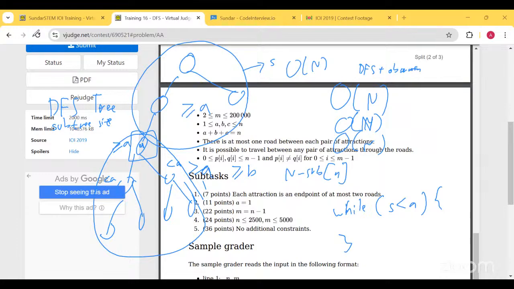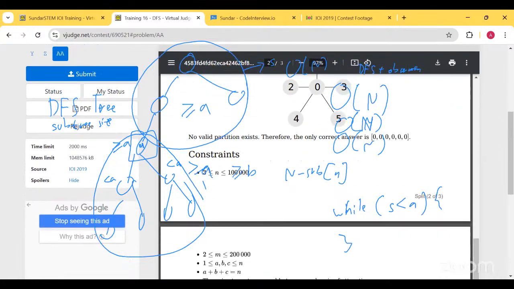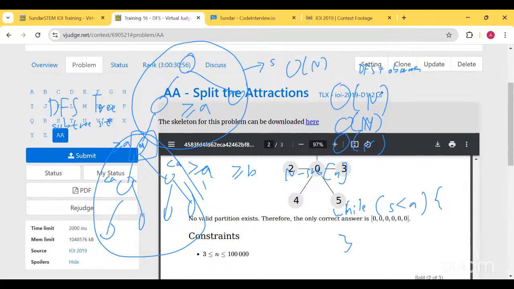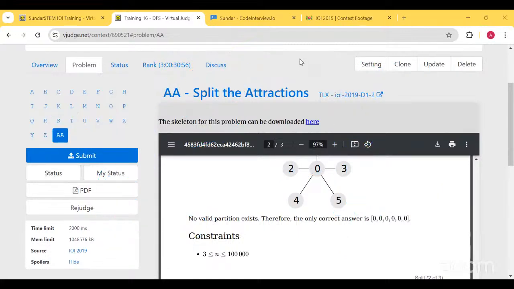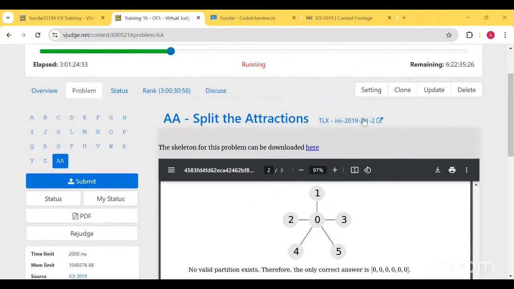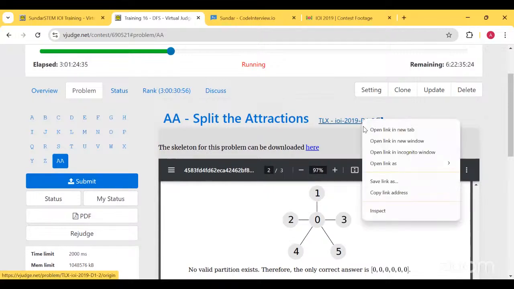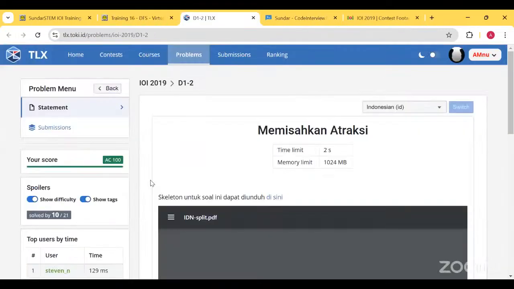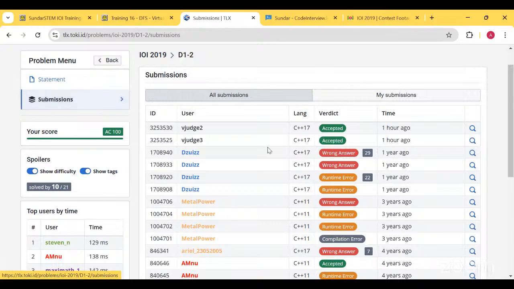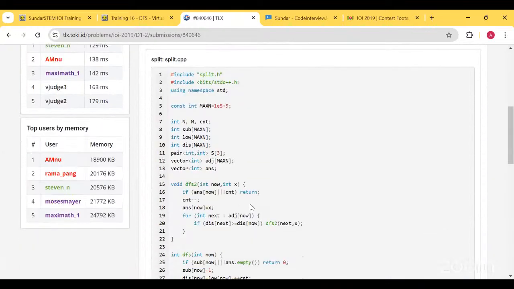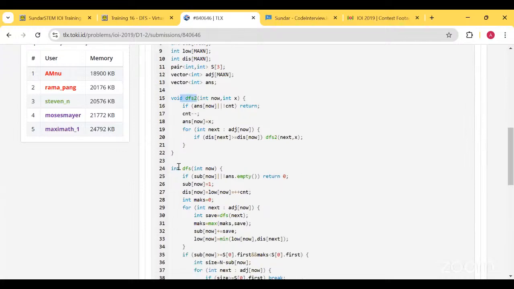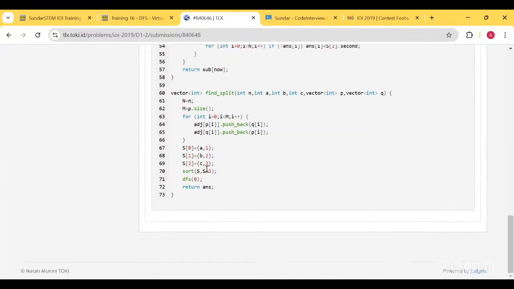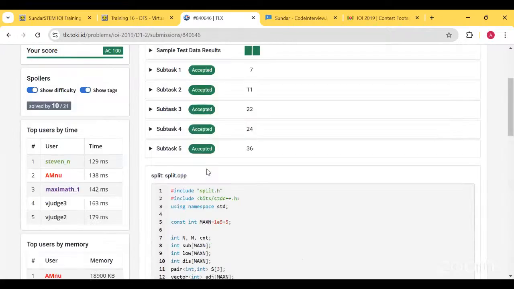All right. Is there any question about this? So just try to solve it. I think you have solved this before. Yes, I just use DFS. And the solution is just DFS.